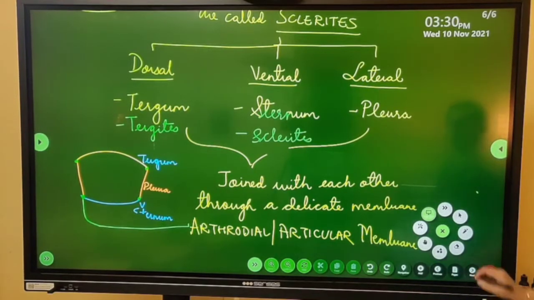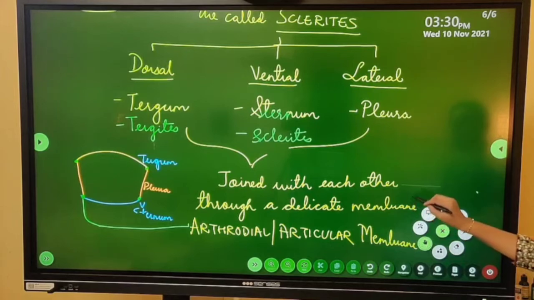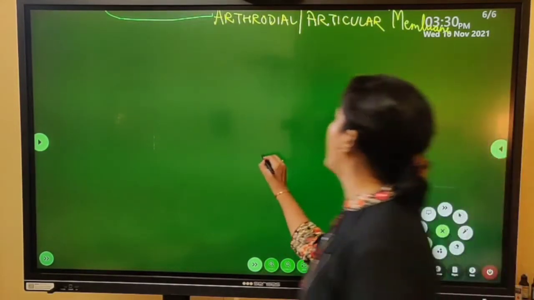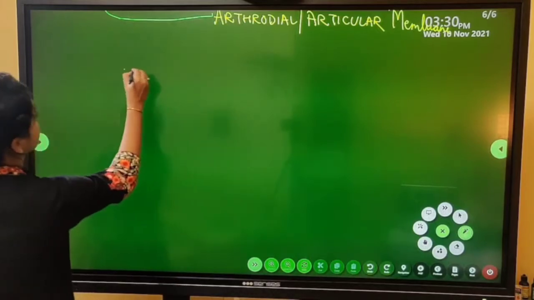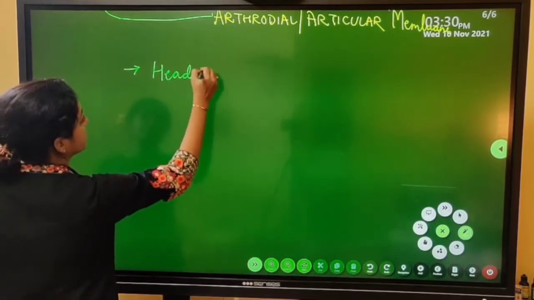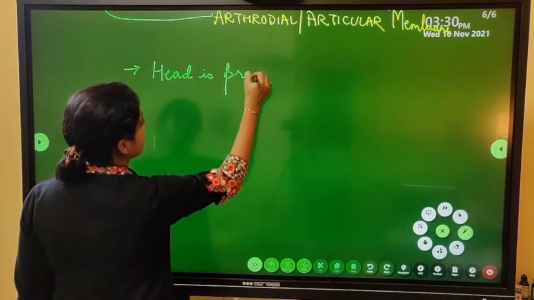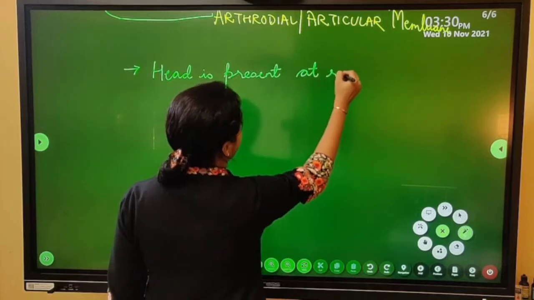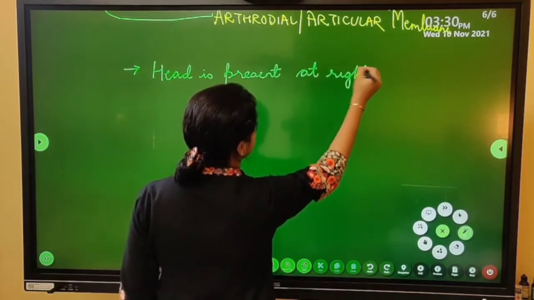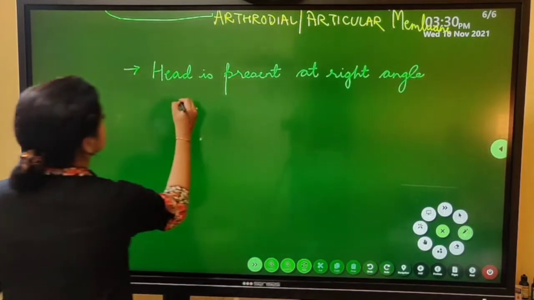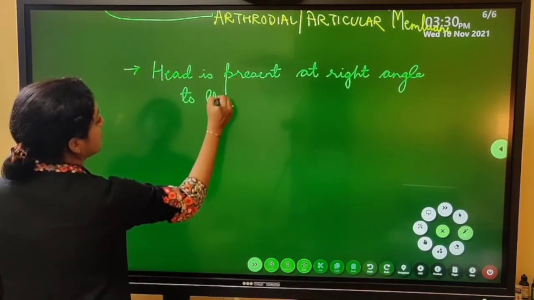Now next, the head. The head is present at right angles to the body.